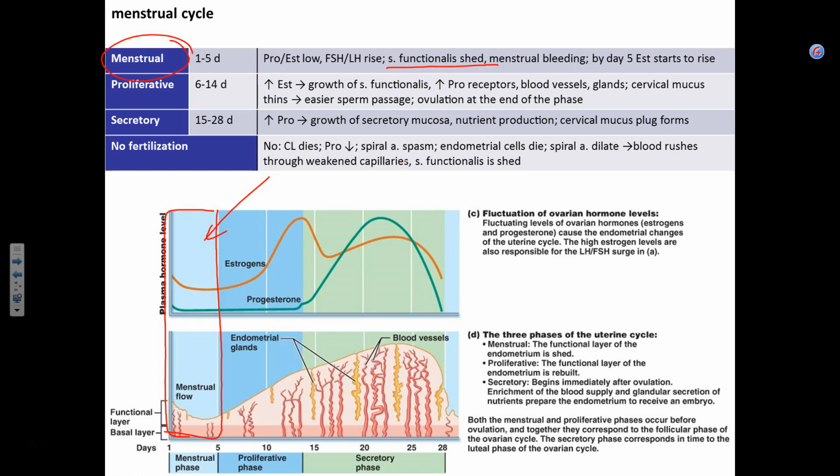Now you see that at this point both estrogen and progesterone are pretty low. That makes sense? But at day 5, estrogen levels start to go up. Without looking forward, from our previous conversations about hormones, what effect does estrogen have on the female reproductive organs?